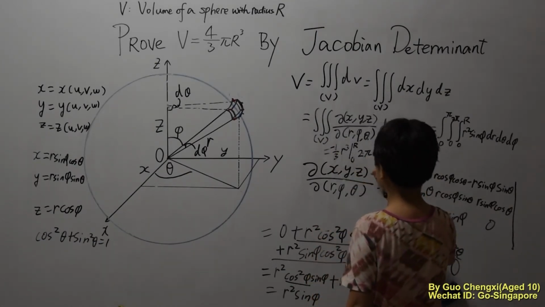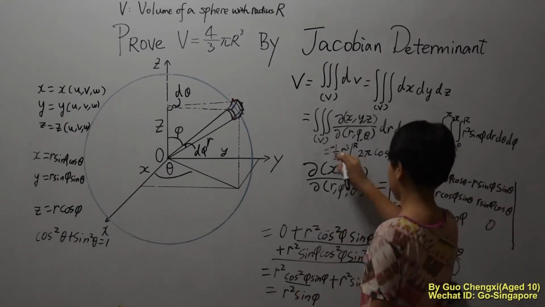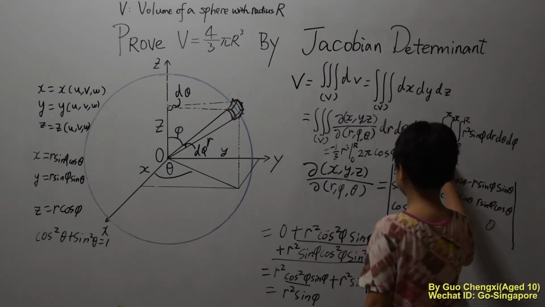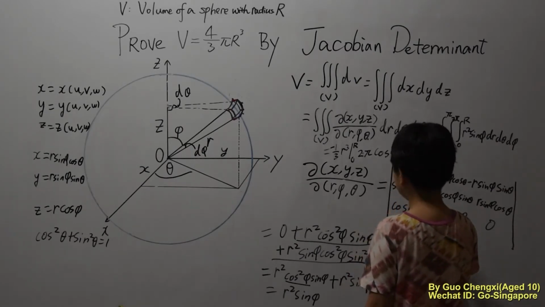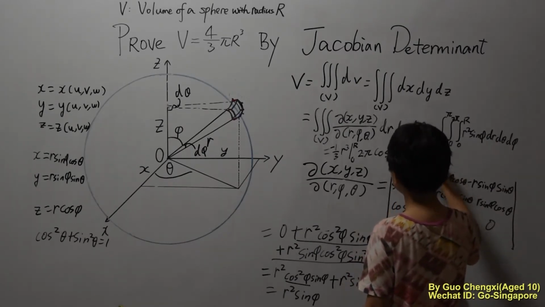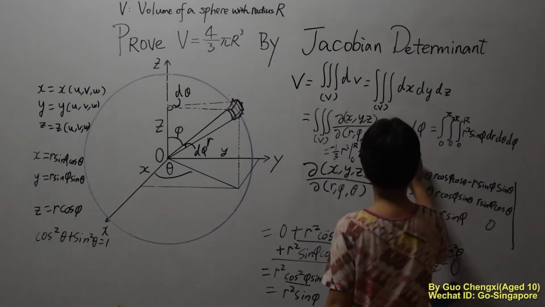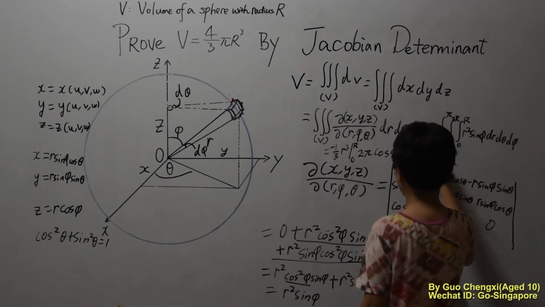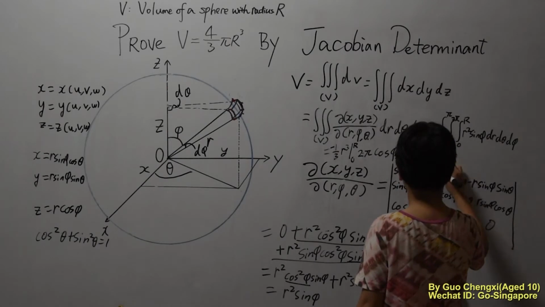So now over here, for this part, this sine integration becomes cosine, there will be a negative, okay? That's why there's a negative. Now for this part, if you sub it in, it will become 2. So as it becomes 2, over here both are negative, so it becomes positive once again. So it becomes 4 over 3 pi r cube.